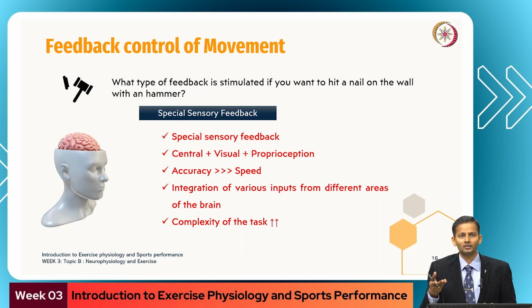And here the complexity of the task is more, but since the learning and memory is also integrated with the central nervous system, the more and more number of times you perform the task, it gets simplified. So over a period of time, you learn to perform that task with the same accuracy. In the sense, the speed will improve.